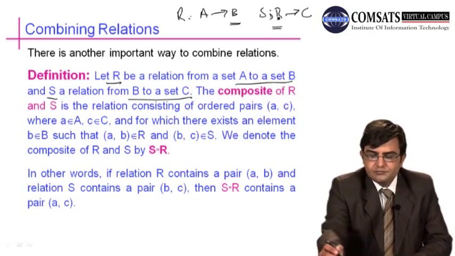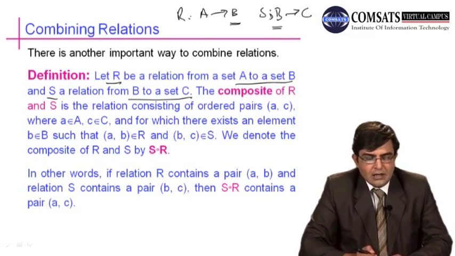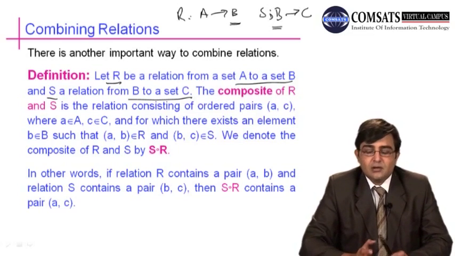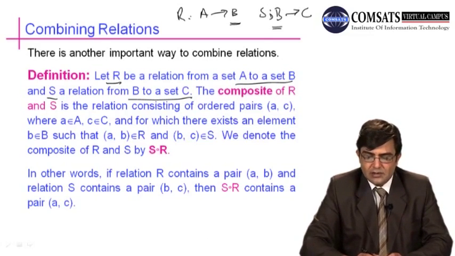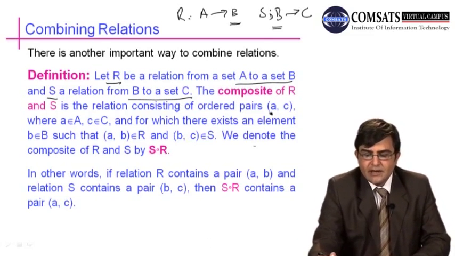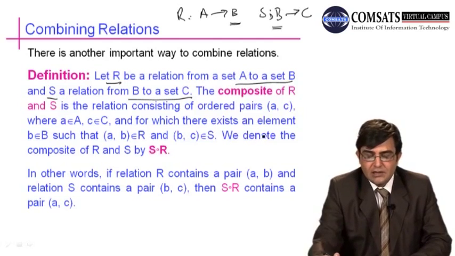Now how do we construct or take the composition of R and S? The composite of R and S is the relation consisting of ordered pairs, basically (a, c). How to denote it, and what are its elements?